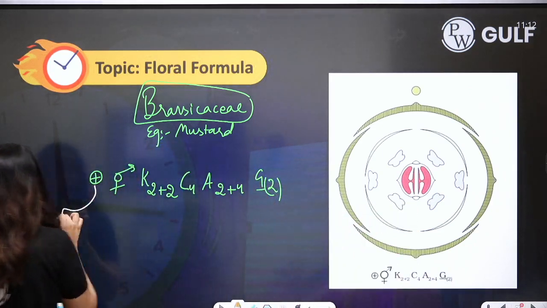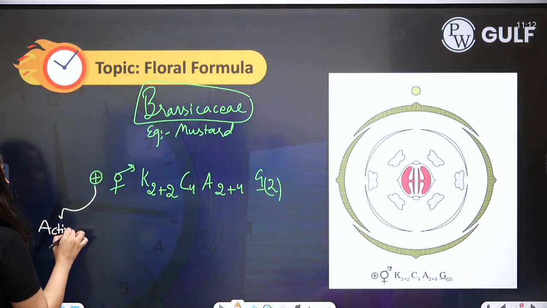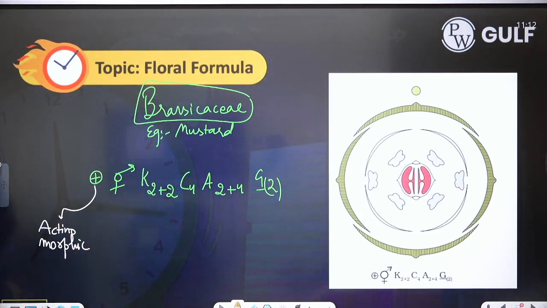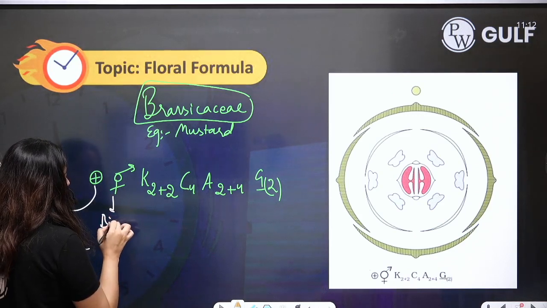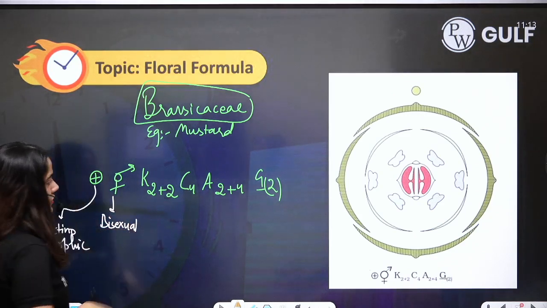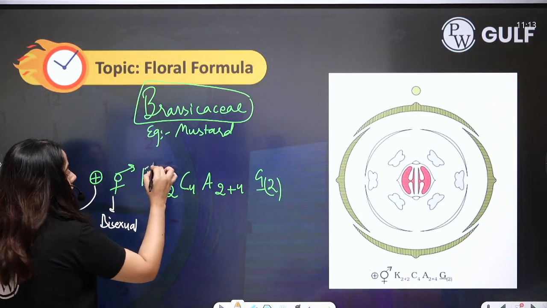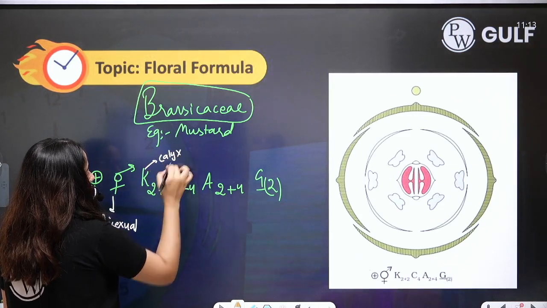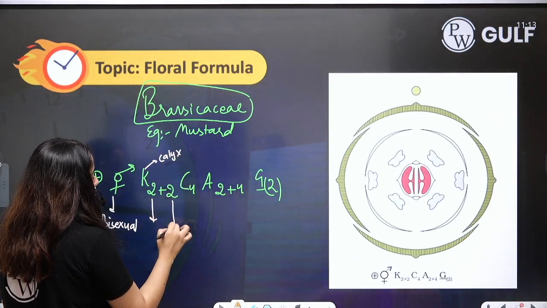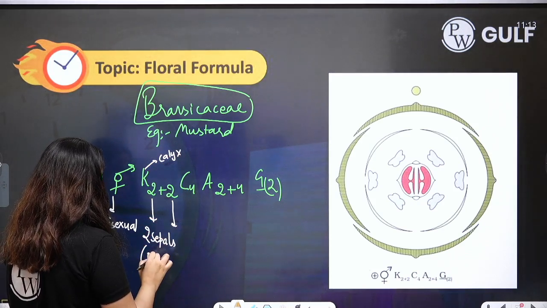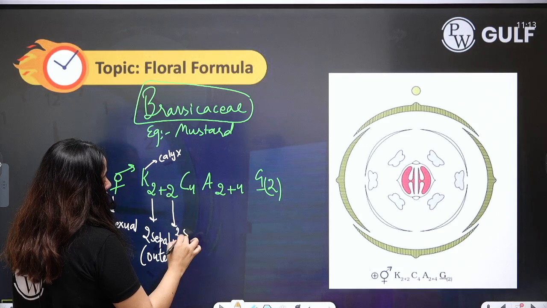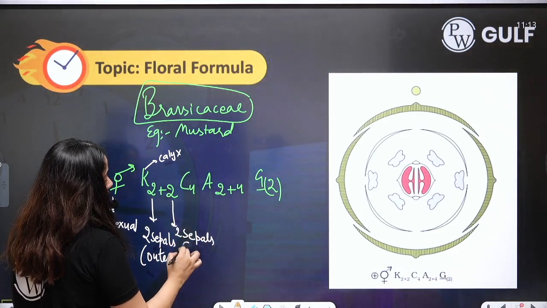This means flower is actinomorphic, which means the flower can be cut into two equal halves from any plane. This means bisexual condition is there, both male and female parts are present. This means calyx, two sepals outer, two sepals inner.